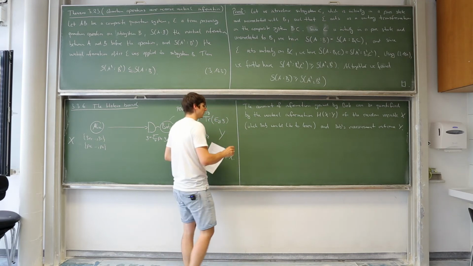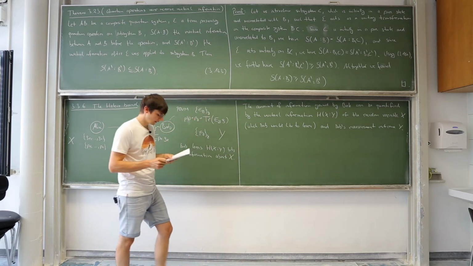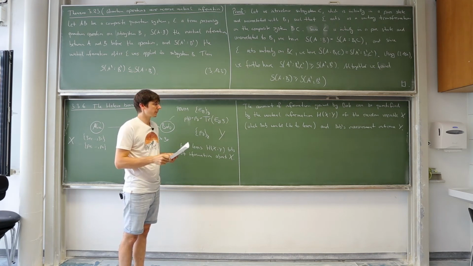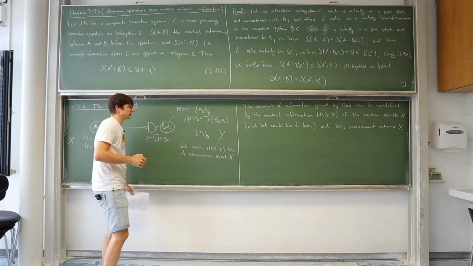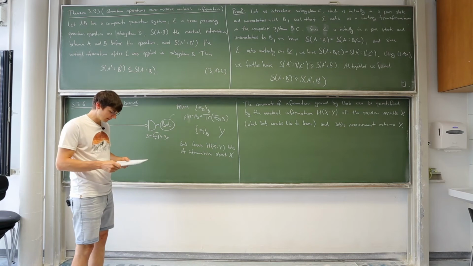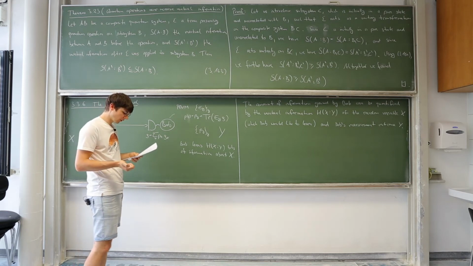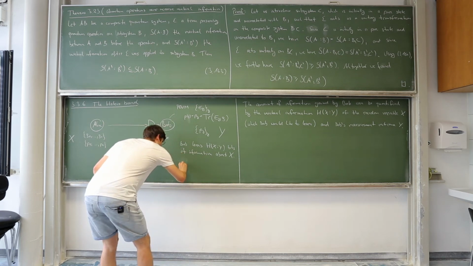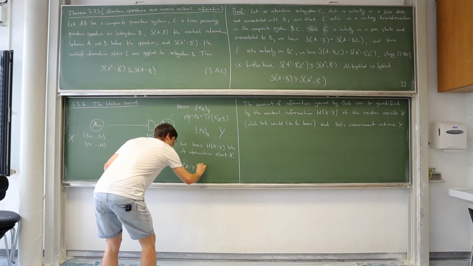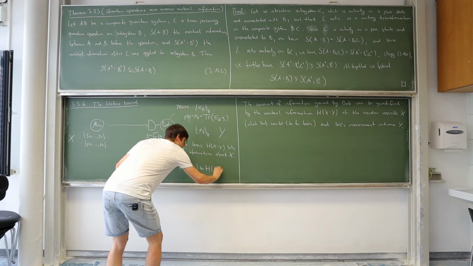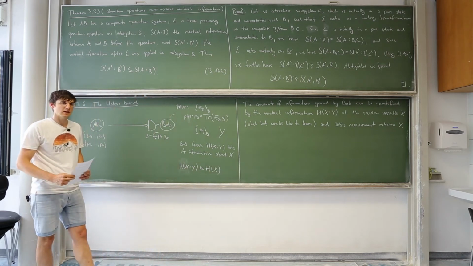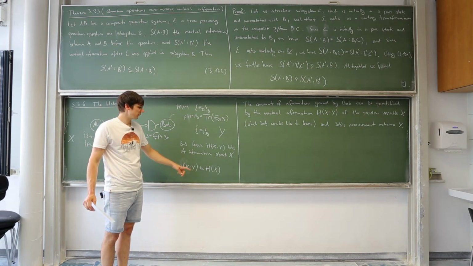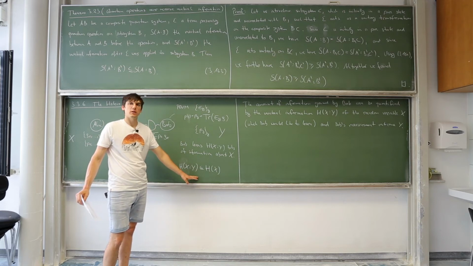Now let's take a look at the extreme cases. Let me briefly recall from theorem 3.14 that the mutual information H(X:Y) must be smaller or equal to H(X), meaning that Bob learns all the information about this random variable x if the equality holds.